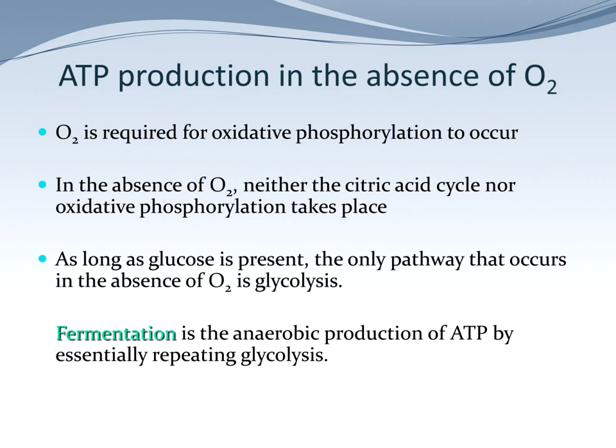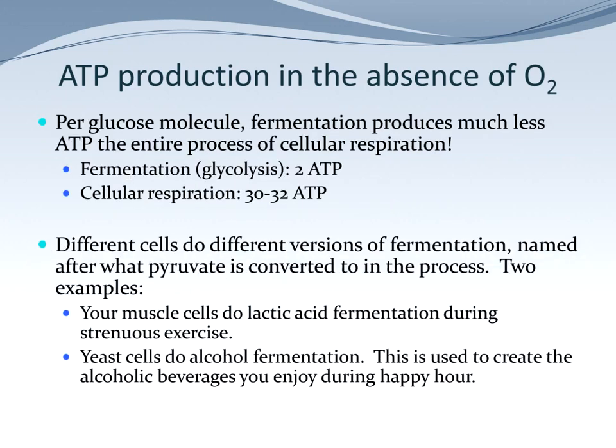Instead, the only part of cellular respiration that will take place is the pathway of glycolysis. The repeating of glycolysis over and over again in the absence of oxygen gas is fermentation. Fermentation is a way for a cell to keep making ATP in the absence of oxygen gas.